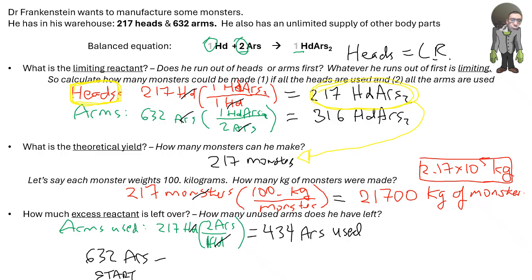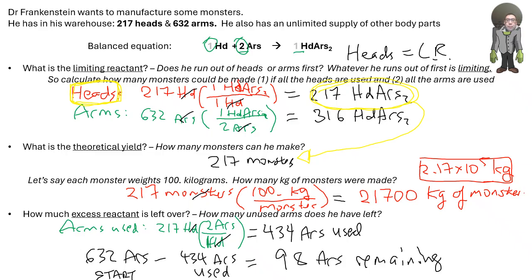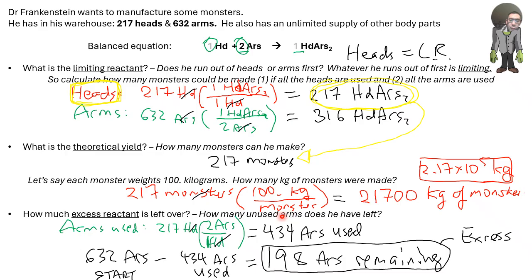And then we're going to subtract the 434 arms that we used, and we wind up with 198 arms remaining when the reaction is done. And so that is what we call the excess. The excess reactant is the arms, and how much left over, or how much excess we have, is this number here, 198 arms.